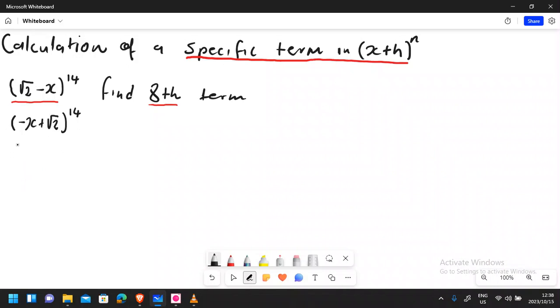Before we start, you need to write the formula that we use to find a specific term.